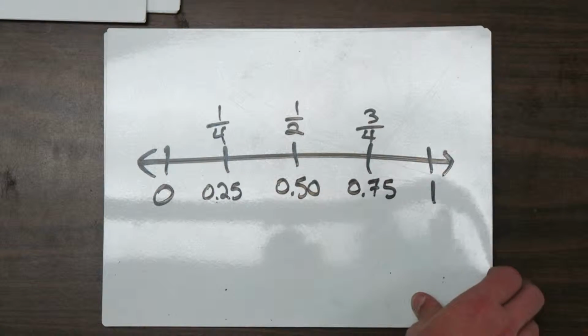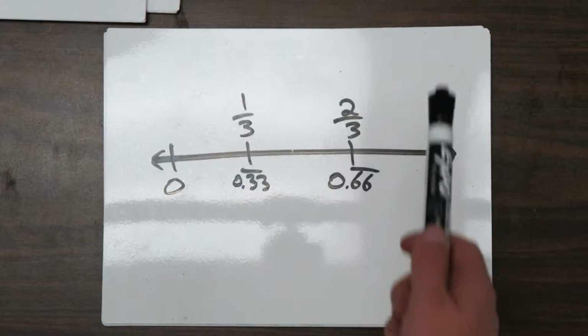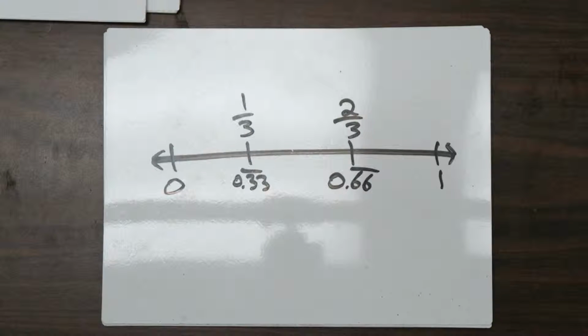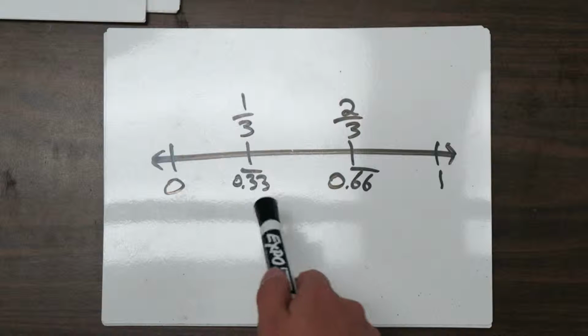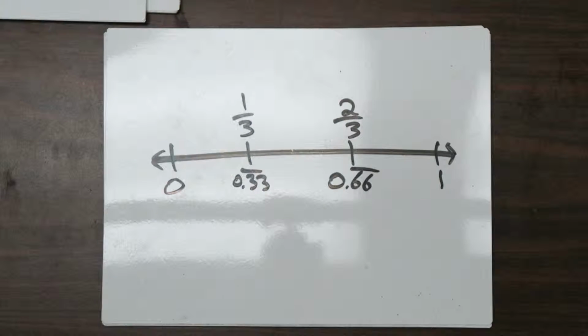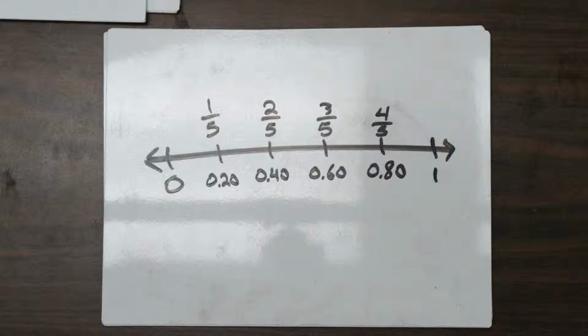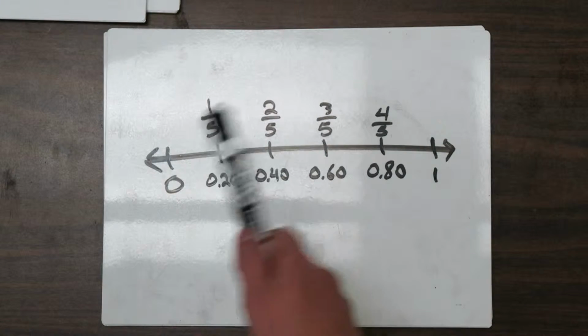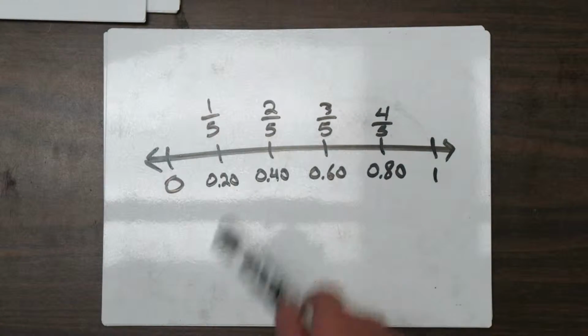Here are some other examples. Now I've broken this into thirds, and these are some common fractions as well. 1/3 and 2/3 are very common fractions we'll see, and their decimal equivalents are 0.33 or 0.3 repeating, and 0.6 repeating or 0.66. And one last set. This one is broken up into five segments, or fifths.